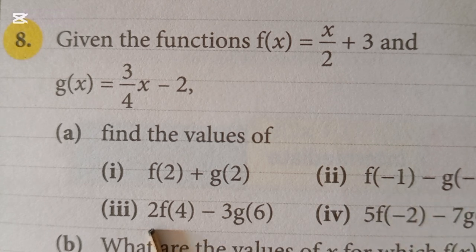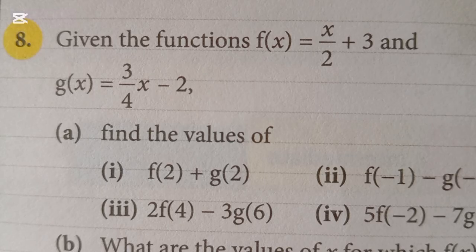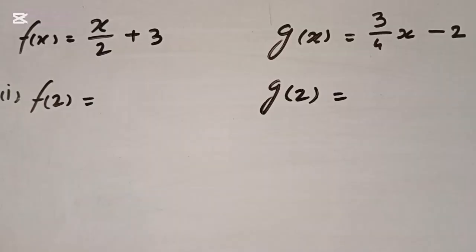Number 3, 2f(4) minus 3g(6). Part 4, 5f(minus 2) minus 7g(minus 4). Now part B, what are the values of x for which f(x) is equal to g(x) and f(x) is equal to 17?